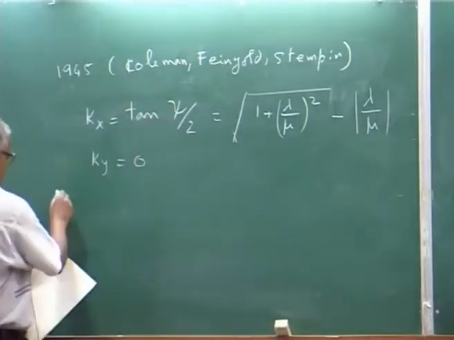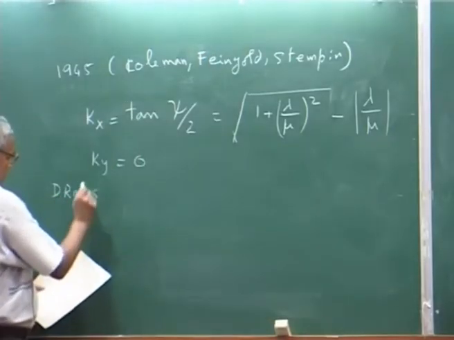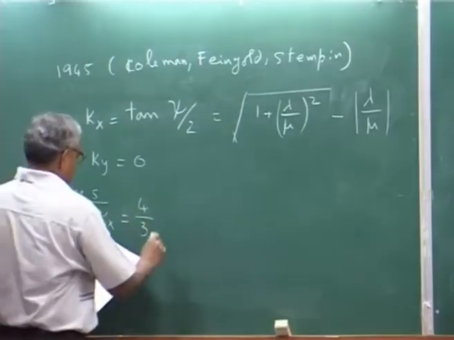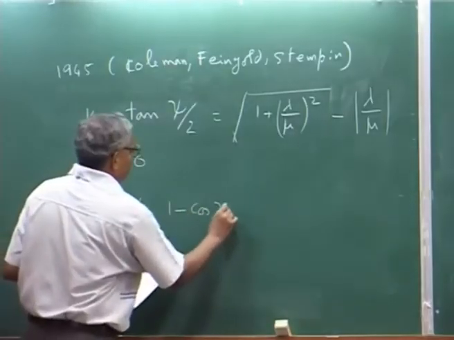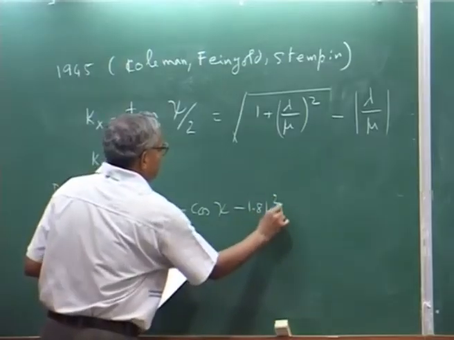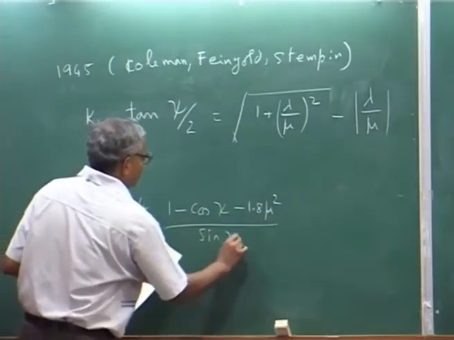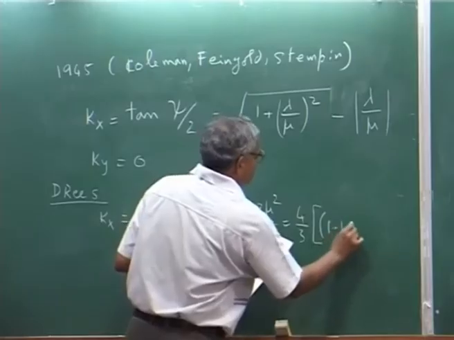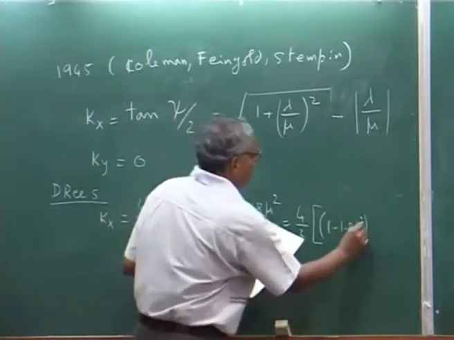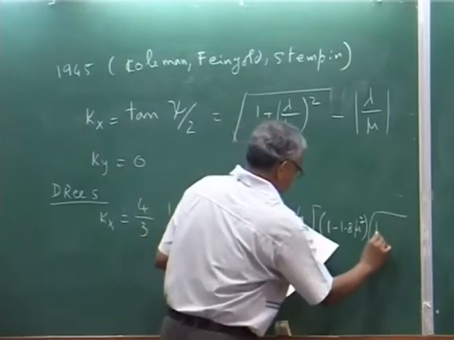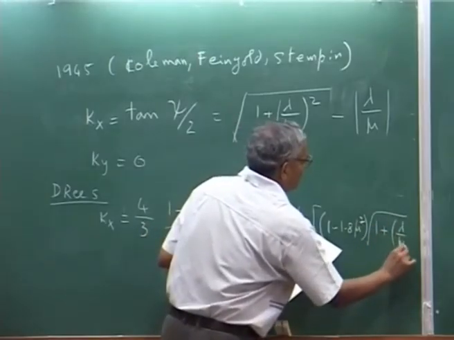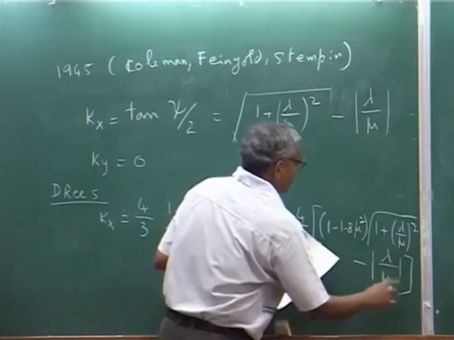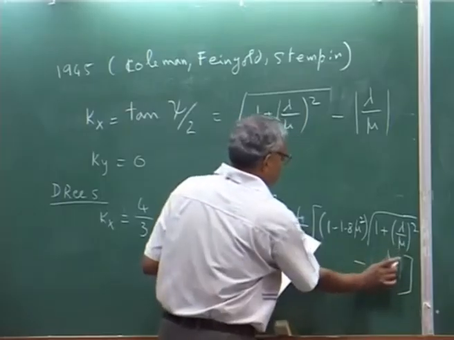Now Dries model, he gave kx as 4 over 3 minus 1.8 mu square, okay, root of 1 plus lambda over mu whole square minus lambda over mu, that is enough.